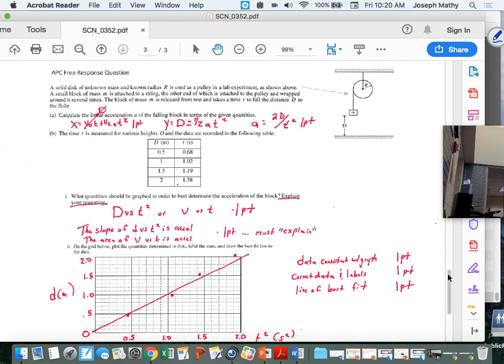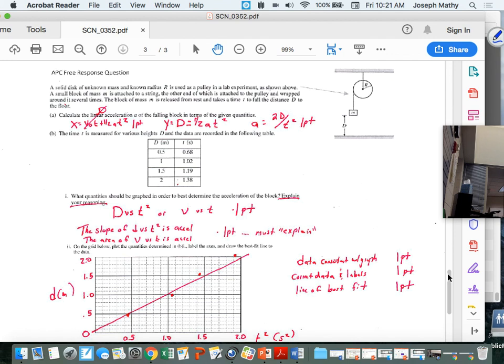It says a solid disk of an unknown mass and known radius r is used as a pulley in a lab experiment, as shown above. A small block of mass m is attached to a string, the other end of which is attached to the pulley and wrapped around it several times. The block of mass m is released from rest and takes a time t to fall the distance d to the floor.